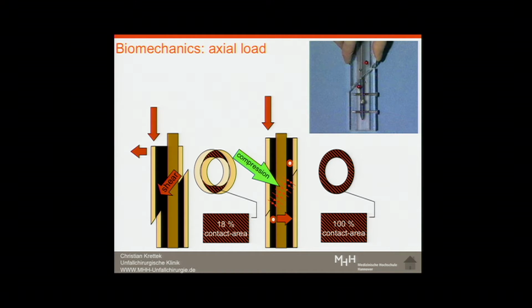If you start this video here on the top, we can see here are the polar screws, and when we now axially load it, there is no shift anymore, there is no shear anymore, there's pure compression once we address this with vertical load.